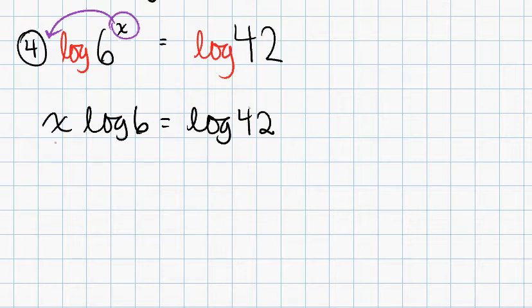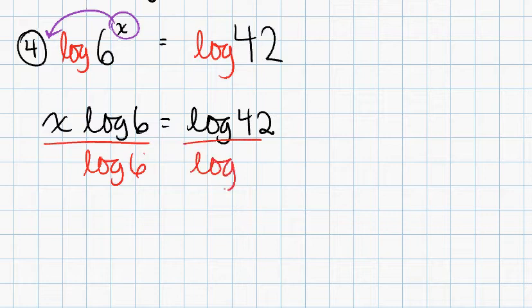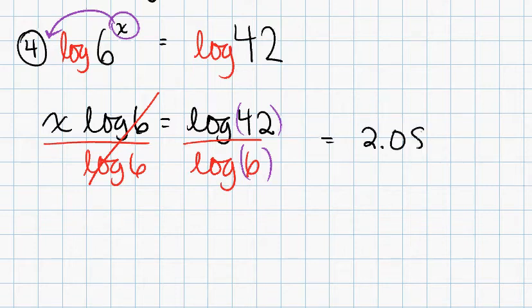And just like before, to solve for x, we're going to divide. This time we're dividing by log 6. The logs of 6 cancel. Again, make sure you close your parentheses or you'll get a bad answer. So take the log of 42 and divide it by the log of 6, and you should get 2.0860.